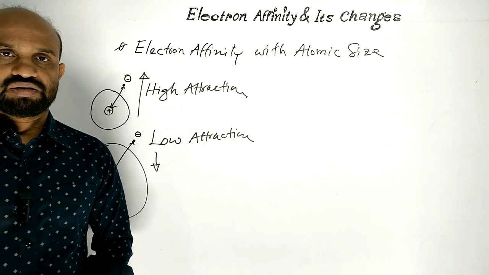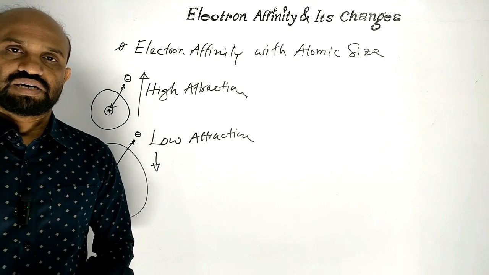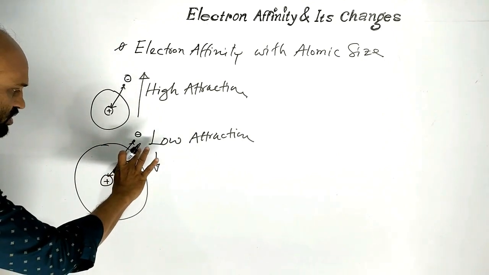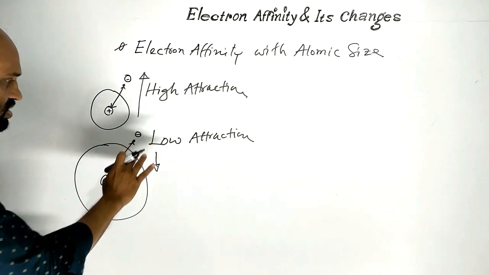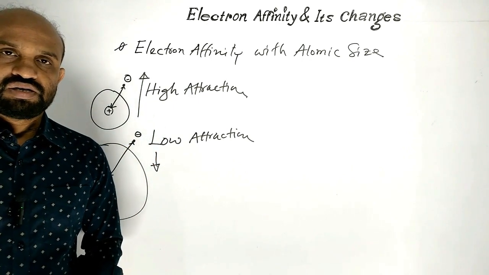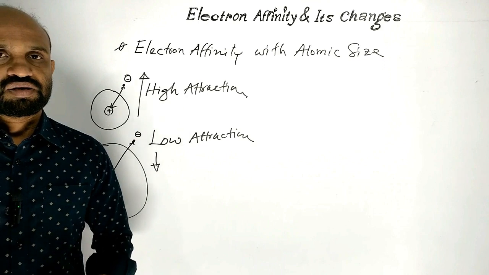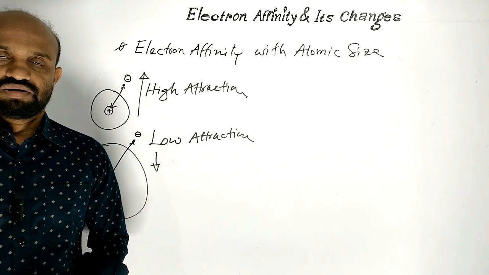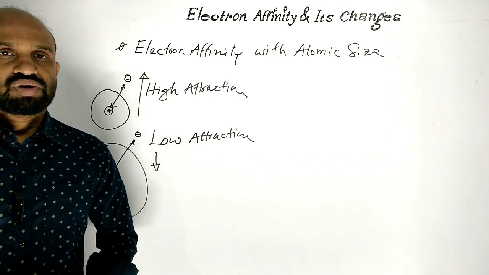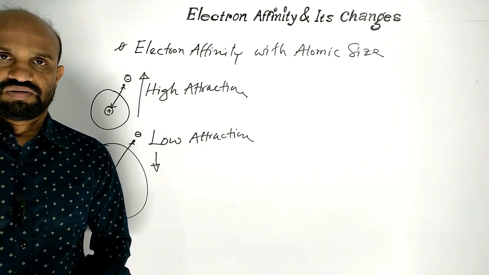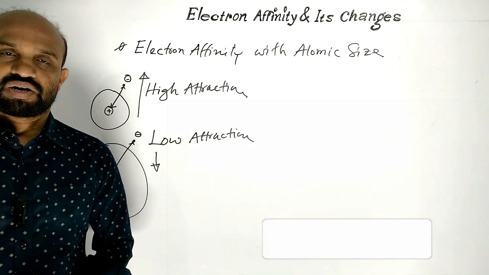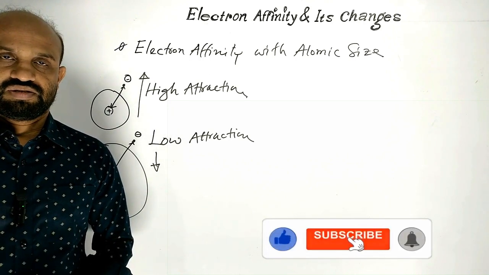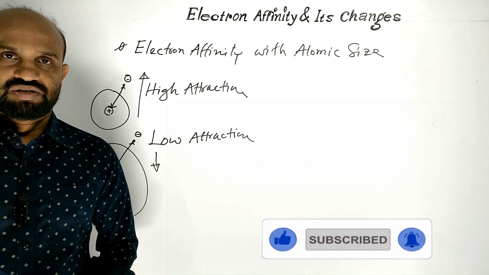Simply, we can say that when atomic size increases, the distance between nucleus and this electron increases, and as a result, attraction force decreases. That is, electron affinity decreases. Let's move on to the next point.